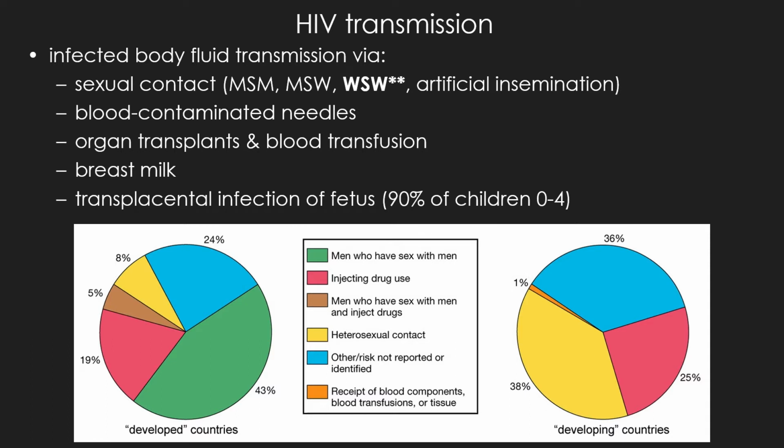And so it's much more likely that the virus can get through a break in that skin, because it's most commonly a parenteral infection where there's a small tear in the mucous membrane and that allows the virus access.